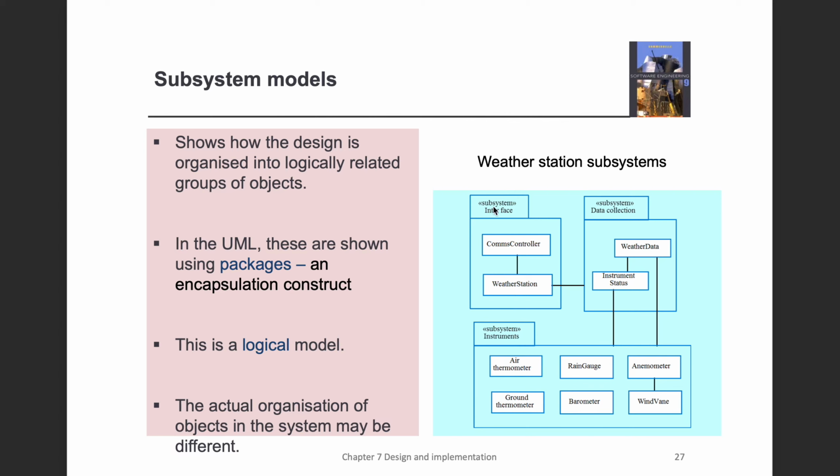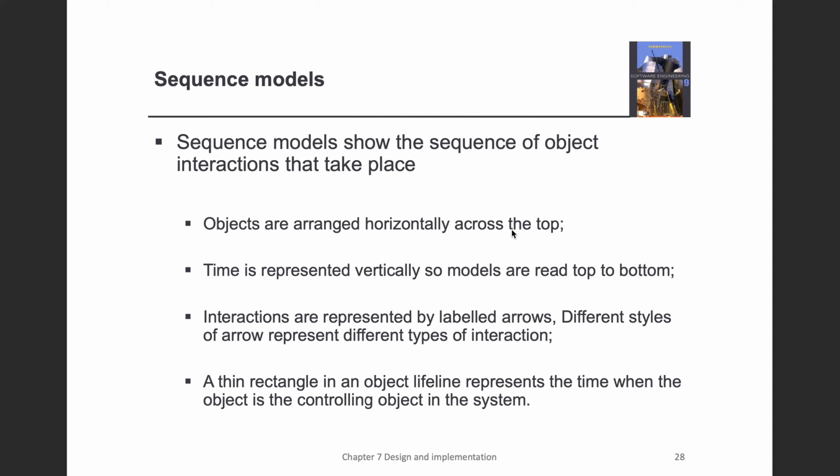We are looking at the interface as one subsystem where we have the command control and the weather station, and then we have the data collection subsystem where we have the weather data and the instrument status. So this is how the system models are used to group the subsystems in a particular application or a particular model that is being designed. So we have the sequence diagram.